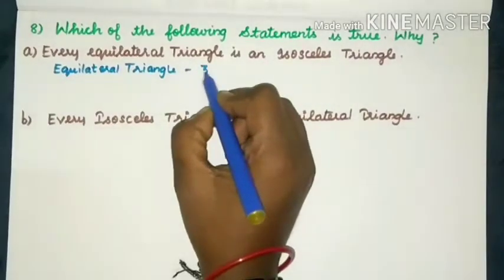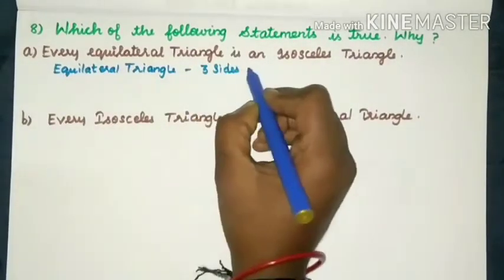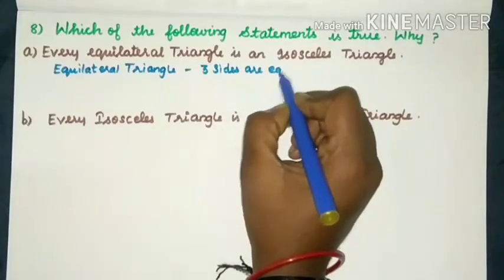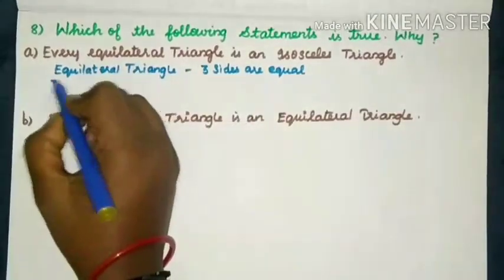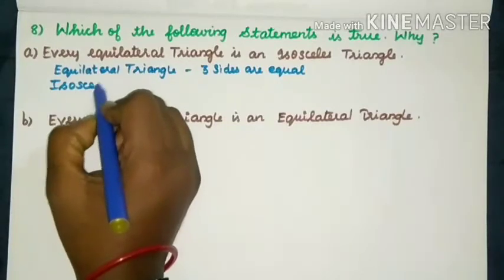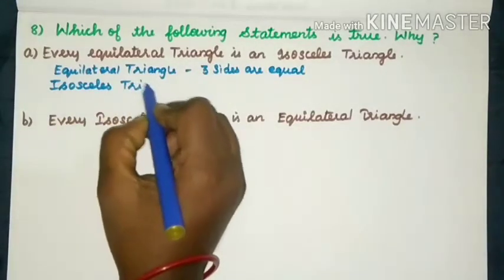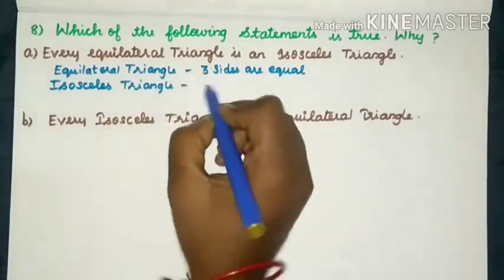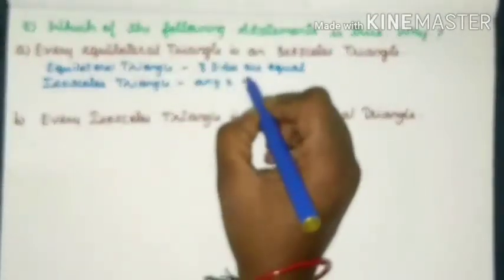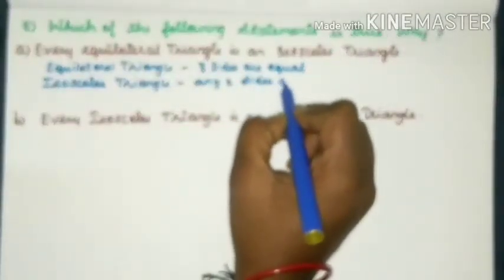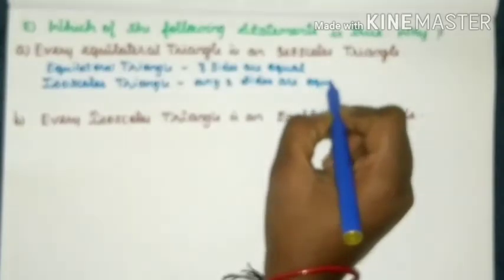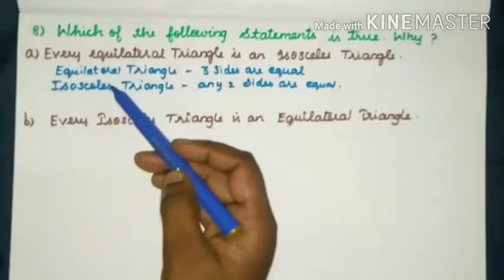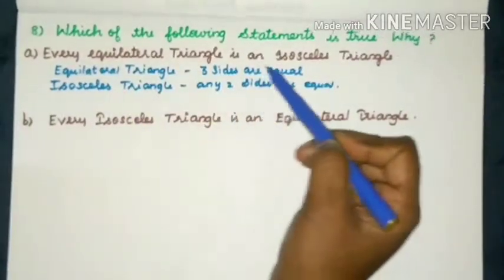Equilateral triangle means three sides are equal. Isosceles triangle means any two sides are equal. Students, in an equilateral triangle, all three sides are equal.